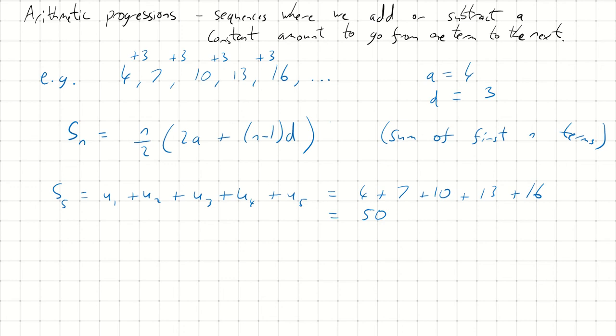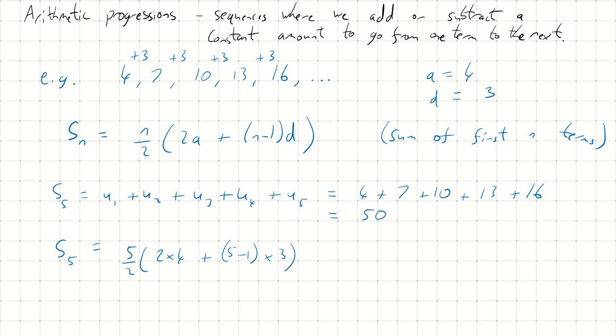So again, we can work this one out quite easily just by writing the sequence down. But the formula will be useful if we're working out, let's say, the sum of the first 50 terms. Anyway, let's just check that the formula works. Let's use our formula for S5. Well, the formula is n over 2, so 5 over 2, times 2a, so that's 2 times 4, plus (n minus 1), that's 5 minus 1, lots of d.